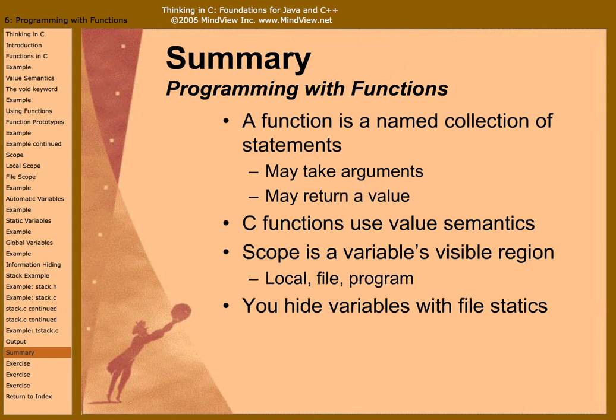All variables have a scope, which is just the region of the code where they can be accessed. A function defines a scope. And so anything you define inside of a function, including the parameters for that function, is only accessible within that function.